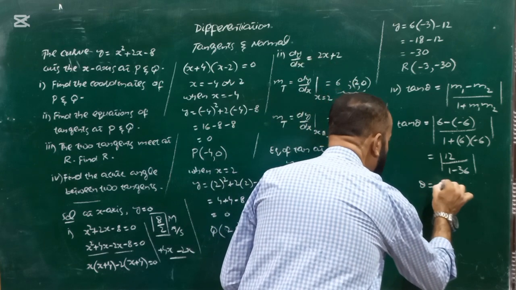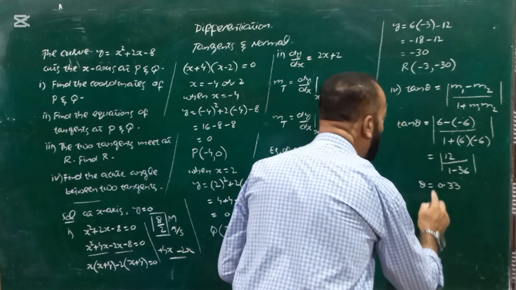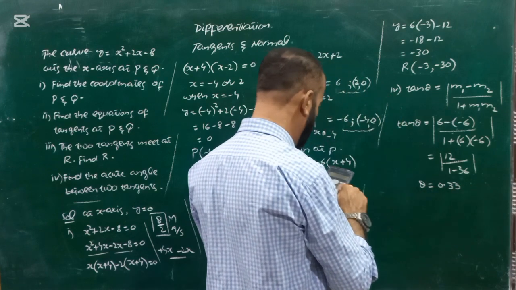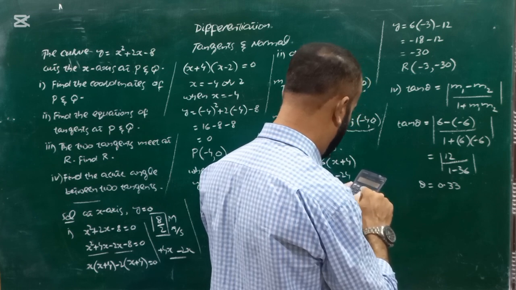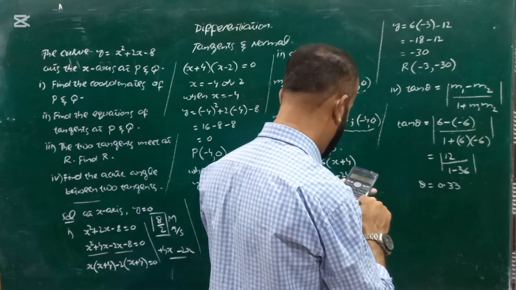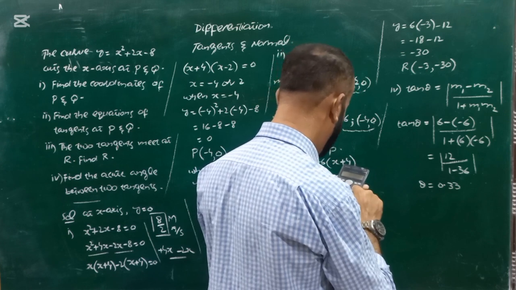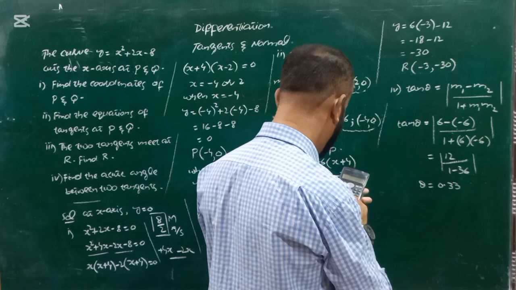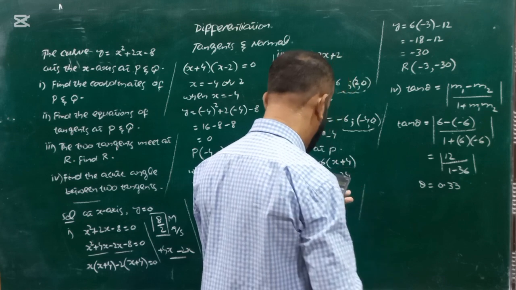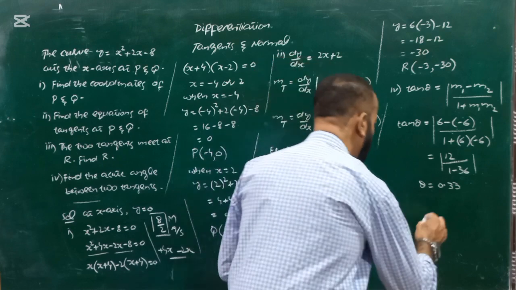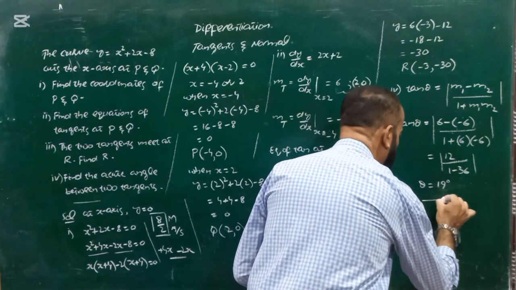So theta is 0.33. Actually, my calculator is in radian mode, so first convert it into degree mode. So now tan inverse of 12 divided by 35. The answer is 18.92, almost 19 degrees. So the answer is 19 degrees.